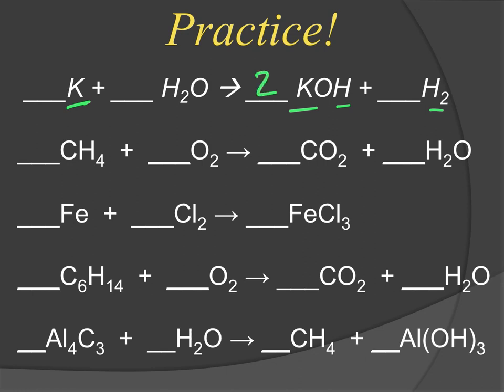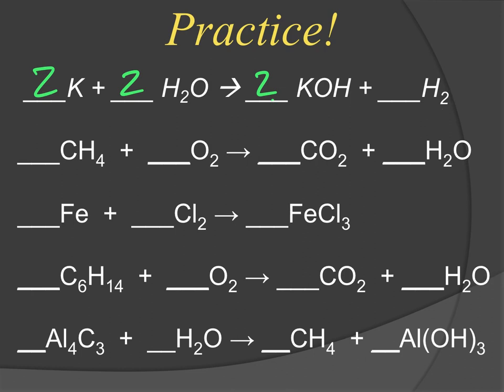So I'm going to put a 2 here, which gives me 4 hydrogens on one side, and then I get a 2 here, which would also give me 4 hydrogens. If I check my oxygens, I've got 2 here, and I've got 2 here. My potassiums are not balanced anymore, so I need a 2 here, and it should now be balanced. If I check, I've got 2 potassiums, 4 hydrogens, 2 oxygens, 2 oxygens, and 4 hydrogens. Yes, this is balanced.